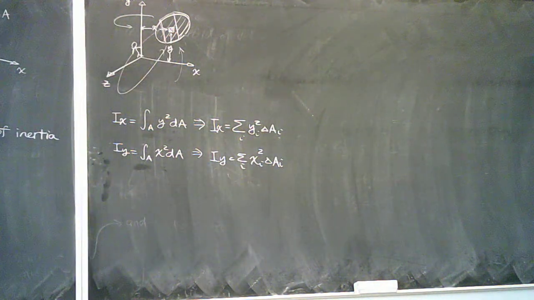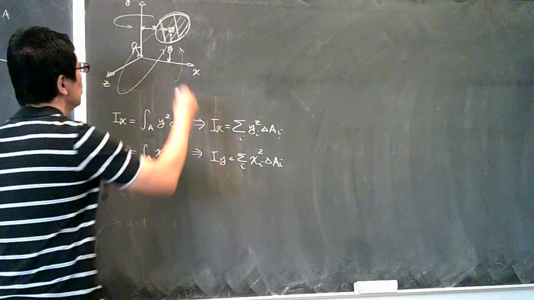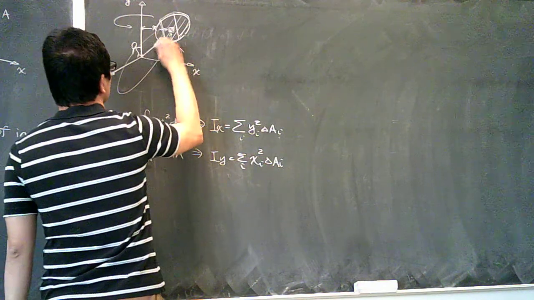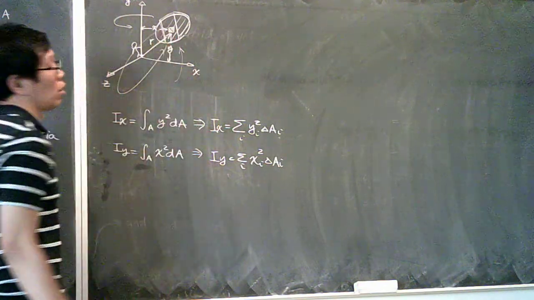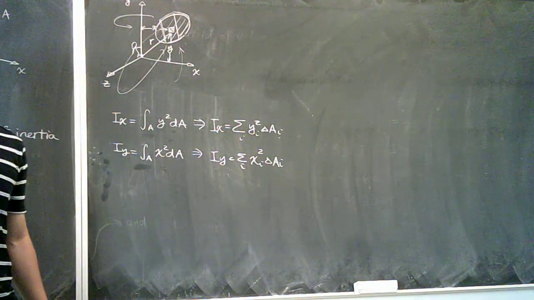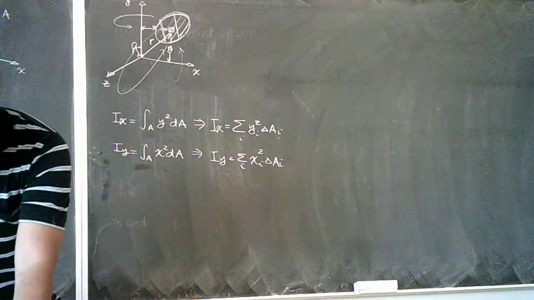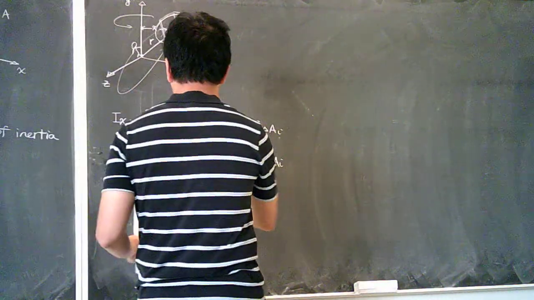Go back to the definition over here. It's the distance multiplied by the basic property. So I do need to know the distance between this object and myself. Let's name this one R. So the formula becomes what?